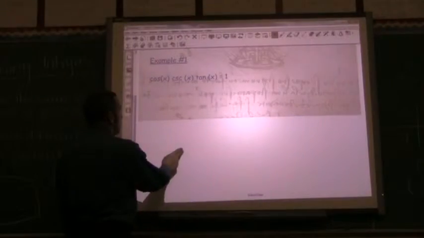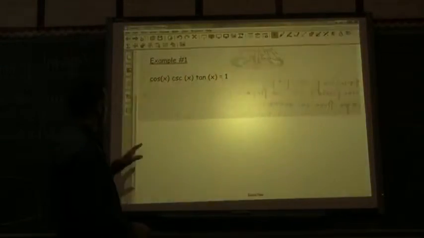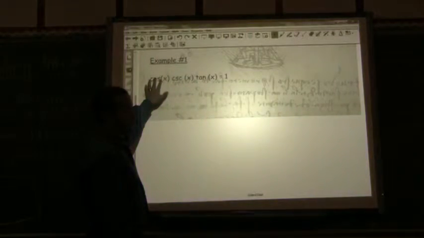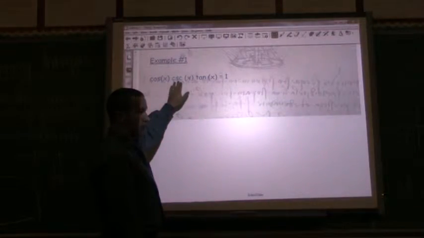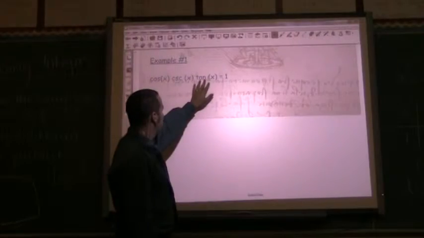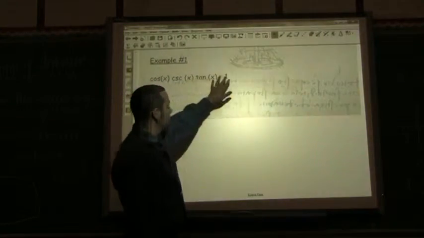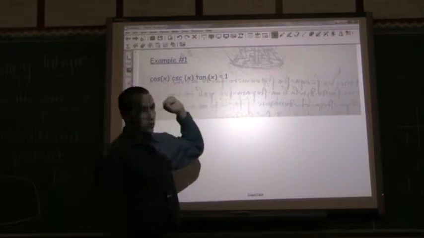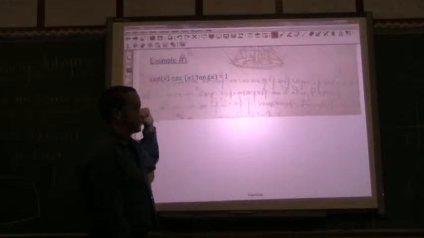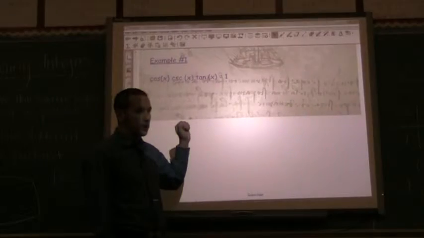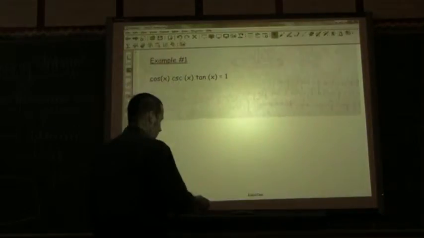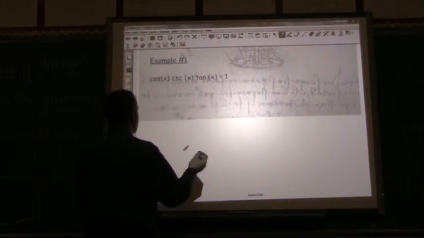Here's example 1. You can see that I've got cos theta, can't do anything with that. There's cosecant, I can change that. There's tan, I can change that. And we should be able to make the left side equal the right side. There isn't really anything we can do with the right side, it's just 1. So we can't get any simpler than just being 1. So we're going to simplify this left-hand side.